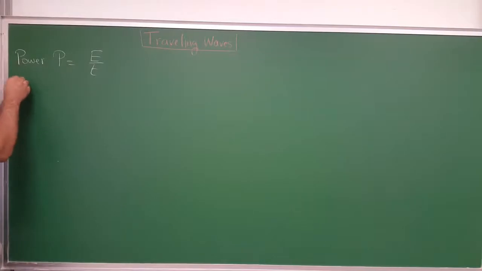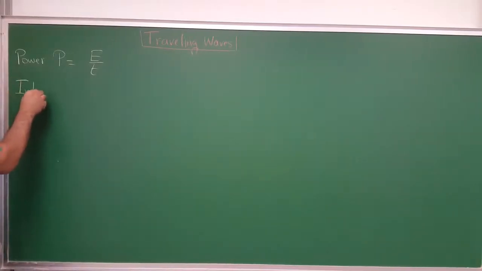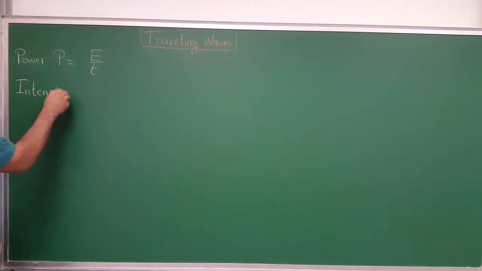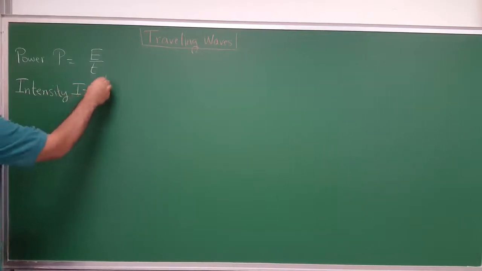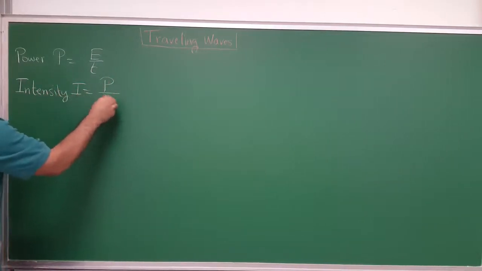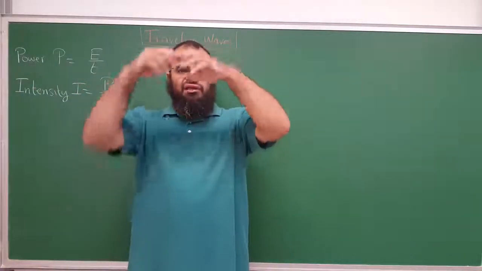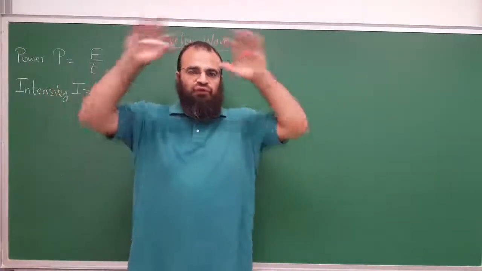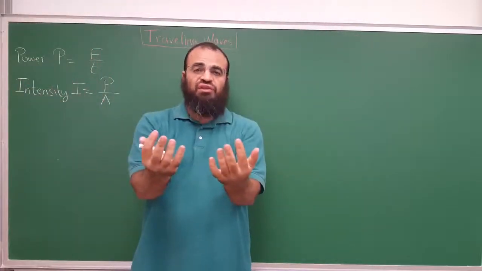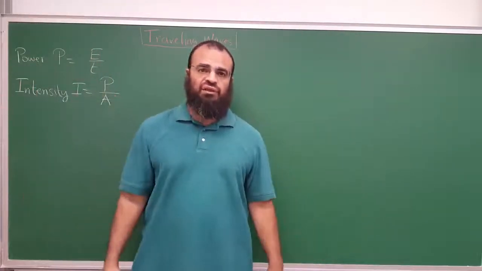And so we defined intensity as I equals the power divided by the area. I mentioned that if here is a source radiating in every direction, and you draw a sphere around it that encompasses everything, you will get all the energy.